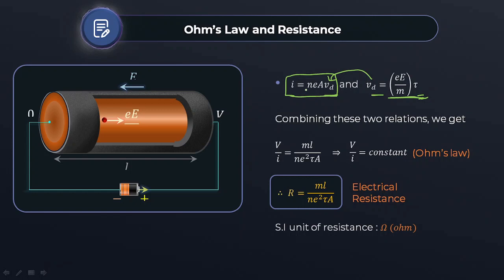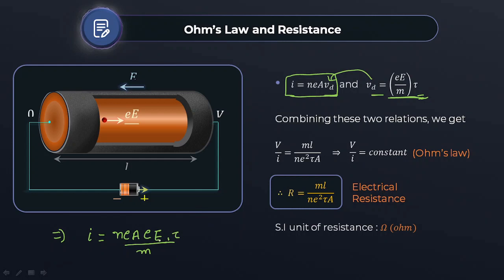So I will be equal to n e A, now vd we can write as eE by m into tau. Yes or no?